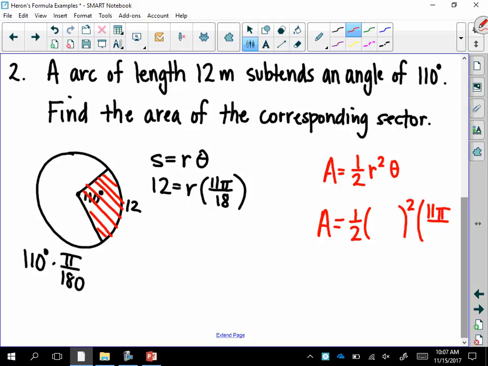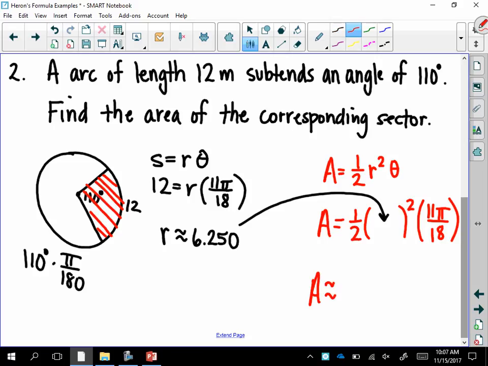S equals r theta. We know S is 12, and we know theta, 110 degrees, but I have to convert that into radians. So that's going to be 11 pi over 18. So I can use this formula to find the radius, and then once I know the radius, I can plug that in over here to calculate the area. So what do you get when you say 12 divided by 11 pi over 18? And then come over here and plug in 1/2 times 6.250 squared times 11 pi over 18, and that will give us the area of that sector.